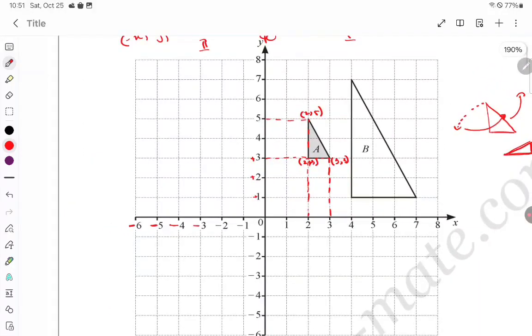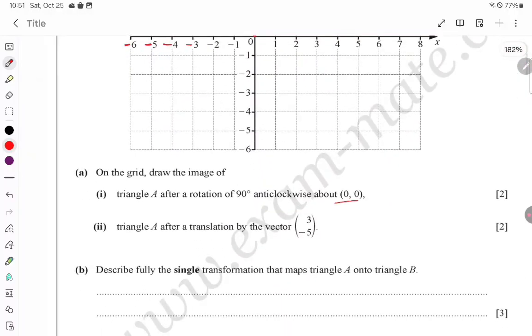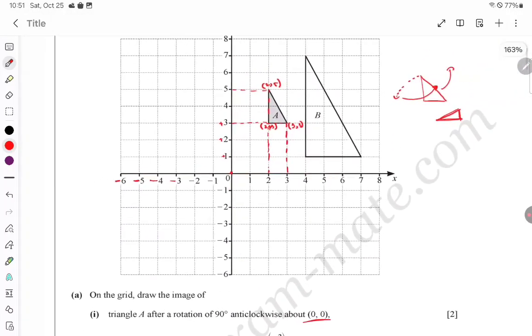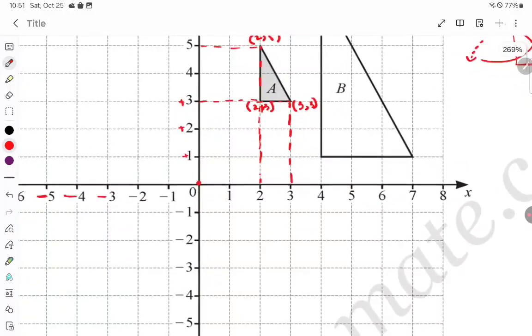For this, starting with the origin, as it says, now for this point, these are our coordinates. The x will become 3 and the y will become 2. So this is our first point.